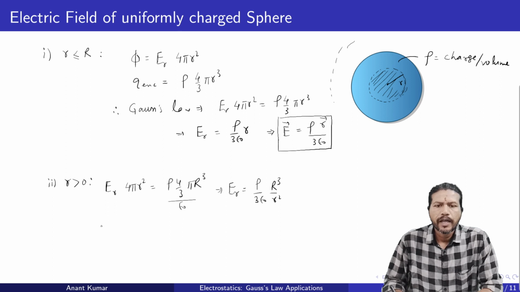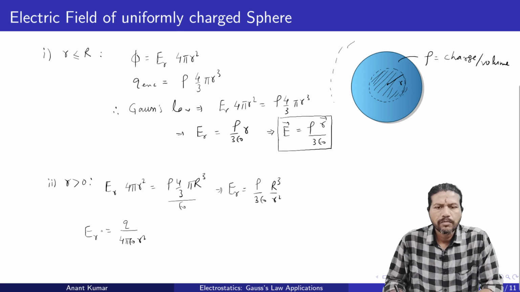In fact, we could write down this electric field in terms of the total charge. If I take this as q, then this q remains over there, while the 4 pi goes down to the denominator on the right side, and therefore we end up getting, in terms of the total charge, simply q by 4 pi epsilon 0 into r square.